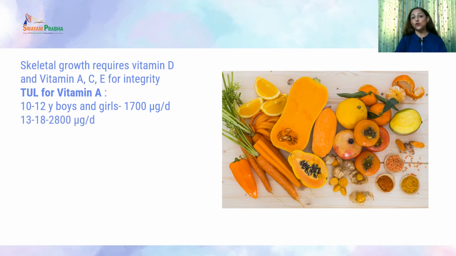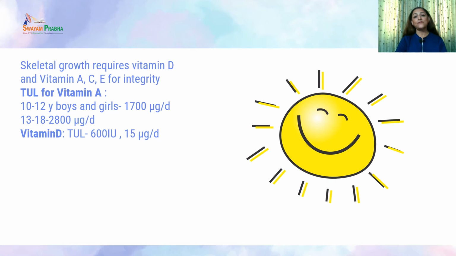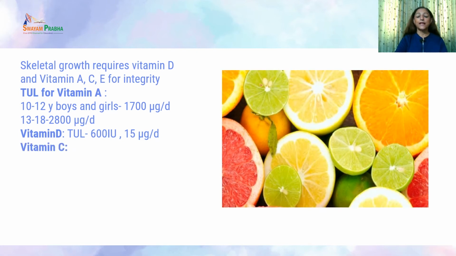And if we talk about vitamin D, the tolerable upper limit is 600 international units. That amounts to equivalent to 15 micrograms per day. And for vitamin C, for 10 to 12-year-old boys, the tolerable upper limit is 1050 milligrams, and for girls, it is 1300 milligrams.